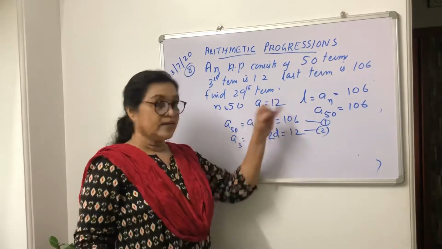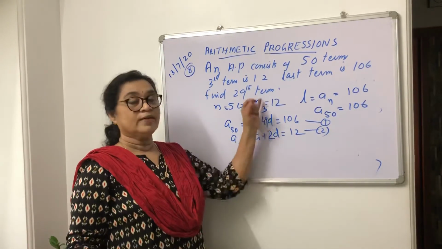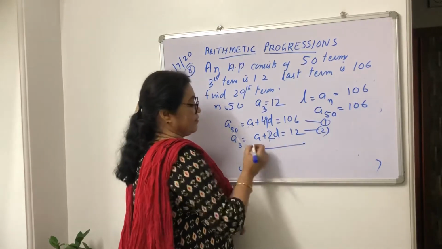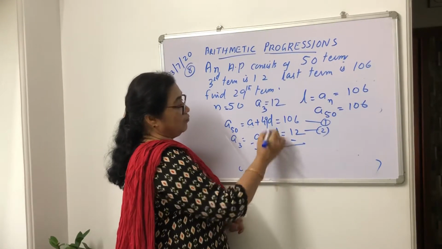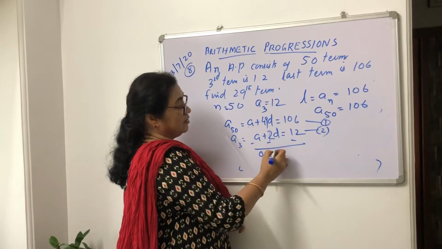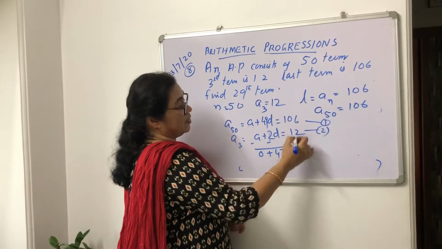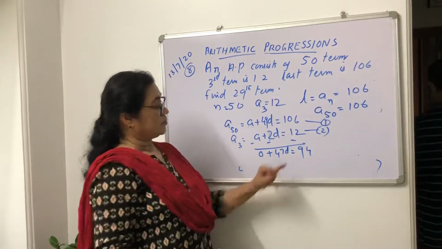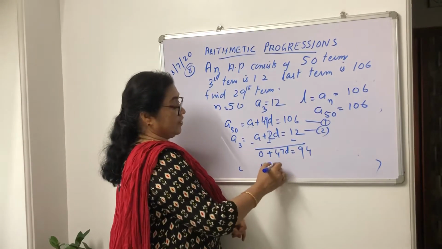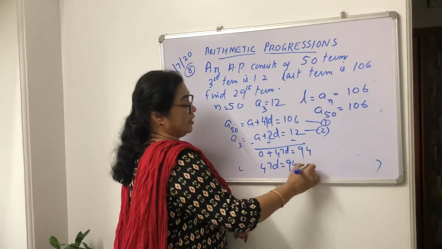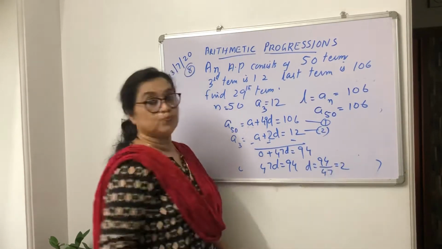As we have done earlier, once you get two equations, you can eliminate A. So 49D minus 2D is 47D. 47D is 94, D is equal to 94 by 47, which is 2.